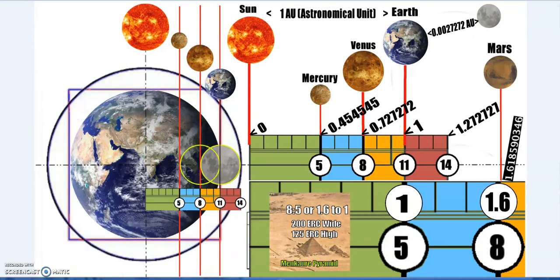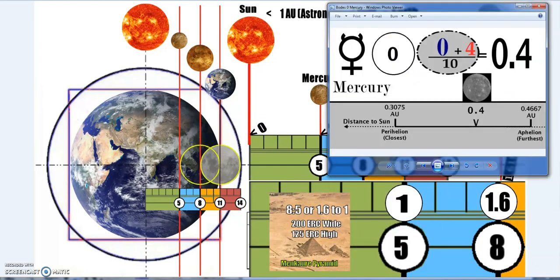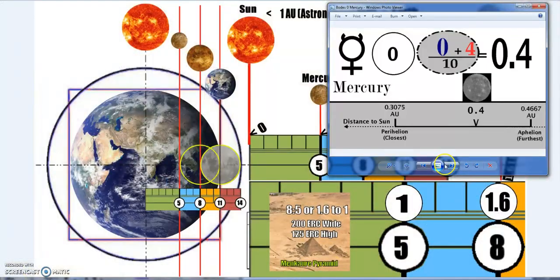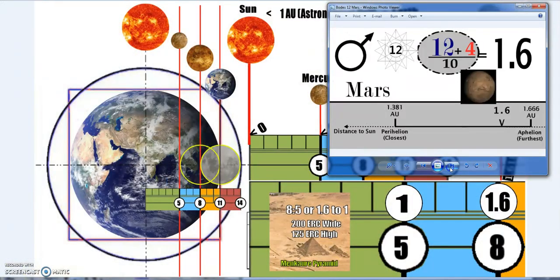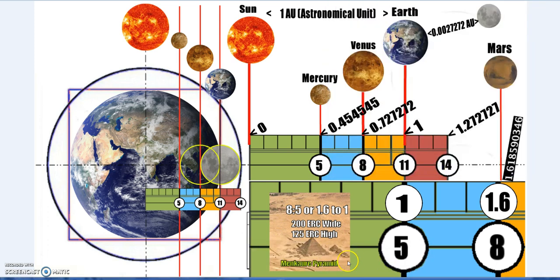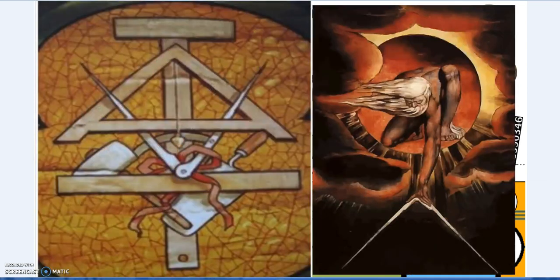Put that there, and Mars passes through those points. From the minimum to the maximum distance is incorporated in there, and more to come in regards to this. Geometry defines everything.